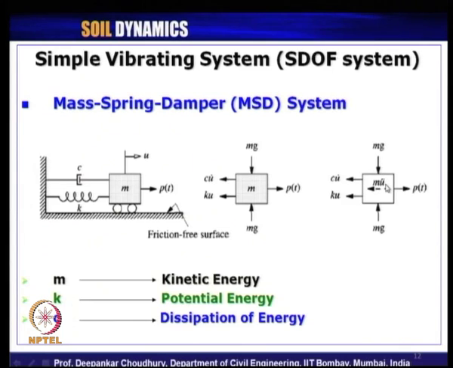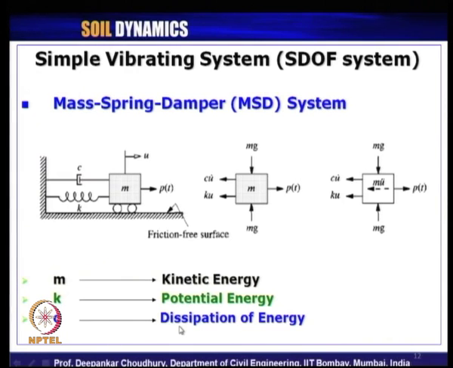U double dot is nothing but the second differential of this displacement, so it is d2u by dt square, that will act in this direction. As I have already mentioned, these three are the basic components of any vibrating system: mass to denote the kinetic energy component, stiffness to denote the potential energy component, and the damper to denote the dissipation of energy component.